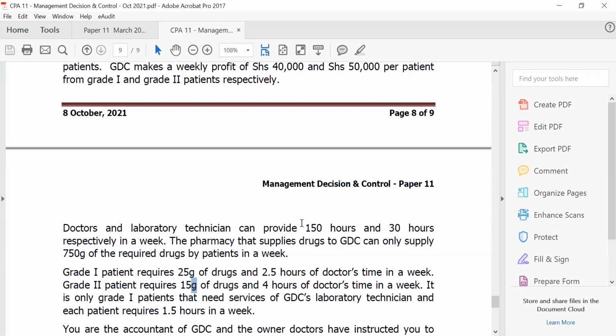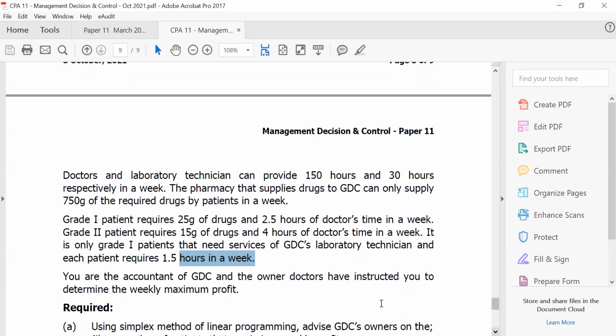Remember, we have 150 hours for the doctor and 30 hours for the lab technician, and already they are telling us here how much grade 1 and grade 2 require of the doctor's time. It is only grade 1 patients that need services of a GDC laboratory technician, and each patient requires 1.5 hours in a week.